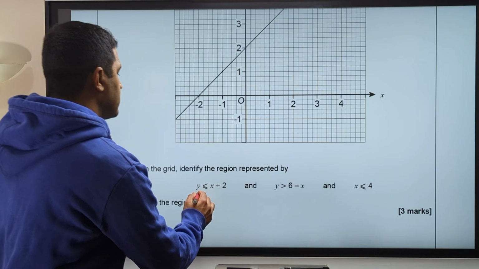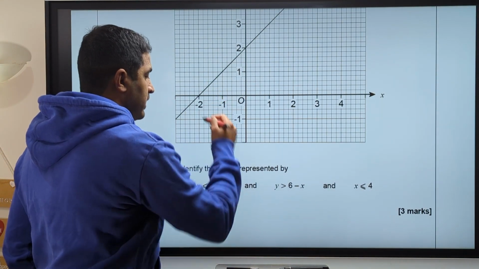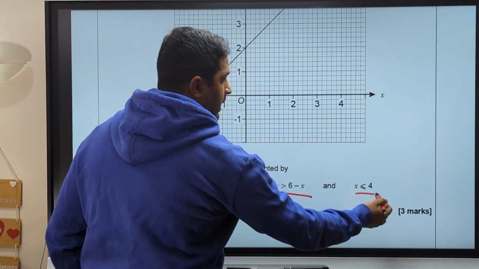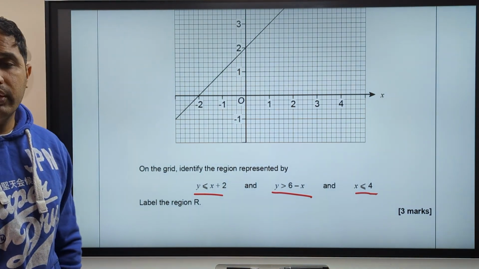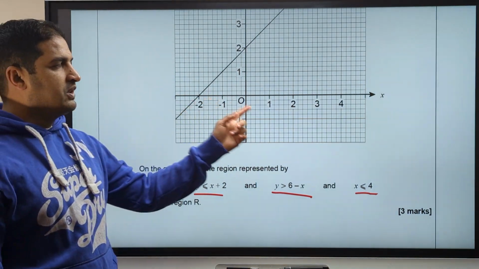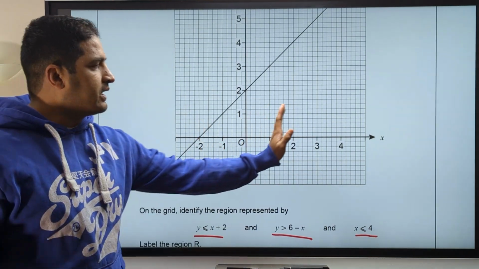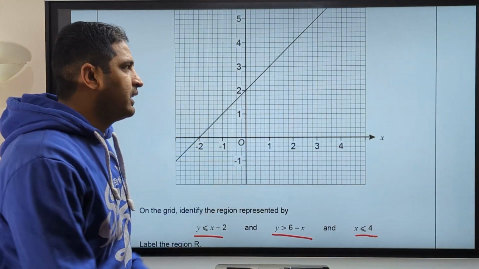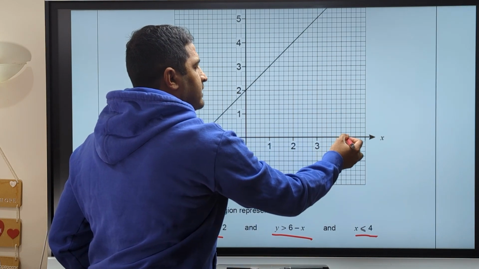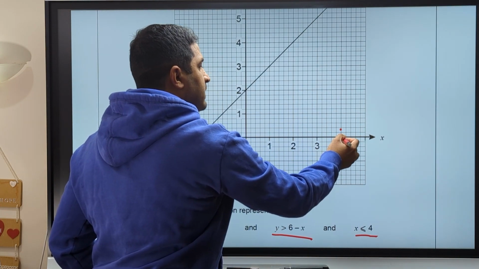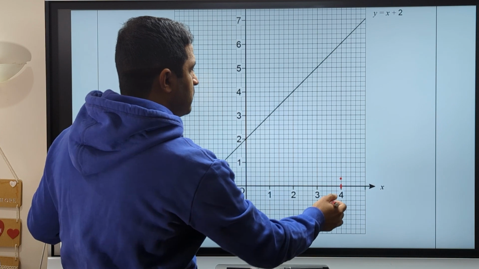So we need to draw this line here, which is already there. We need to draw this line and we need to draw the line x less than or equal to 4, which is really straightforward because we already looked at what that would look like. x is less than or equal to 4 means this side here. So this is the line x equals 4. And if it's less than or equal to 4, we need to draw a solid line.